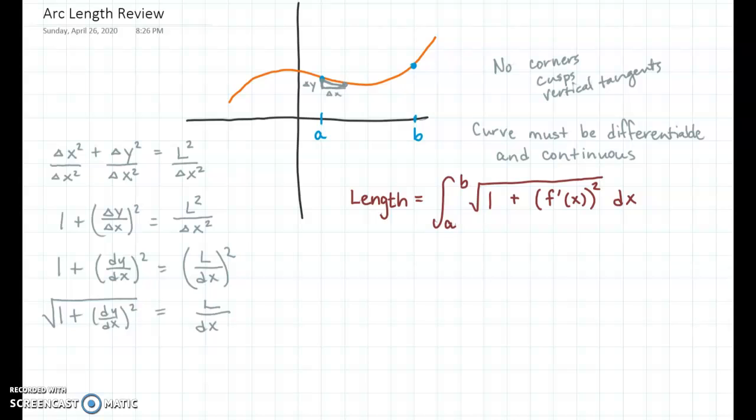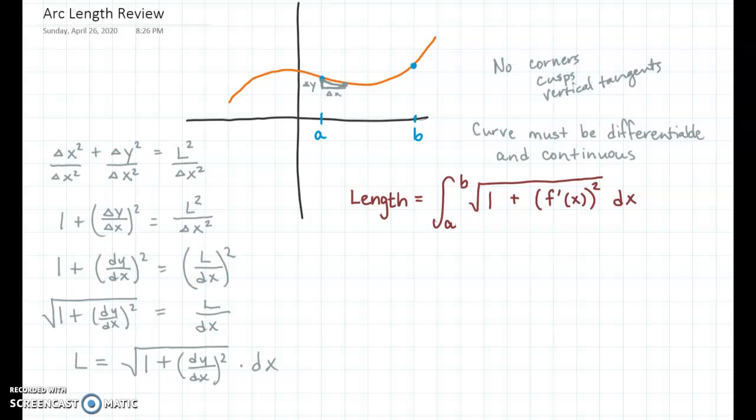And then if I want to solve for L, I would have to multiply both sides by dx. So I get the length of one of these little tiny slices is the square root of 1 plus (dy/dx) squared times dx.